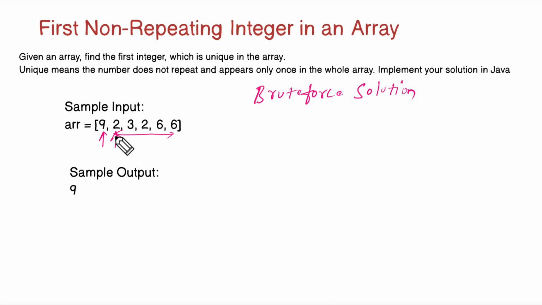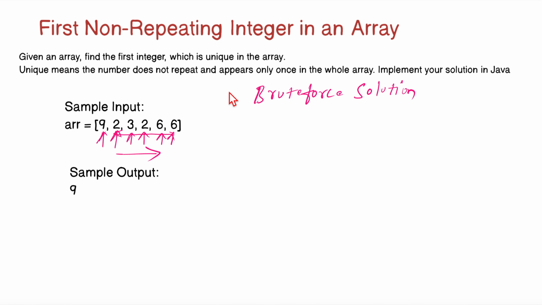Then the 2 should again be compared with all other elements to figure out if there is any duplicate, and then the next element, and the next. This is how each element needs to be compared with all other elements within the same array. So this will be the brute force solution.